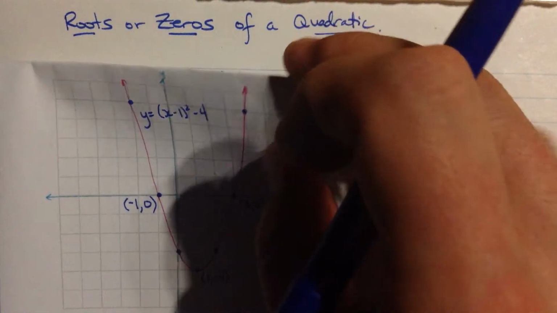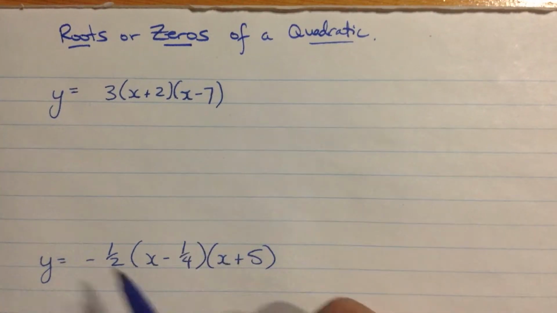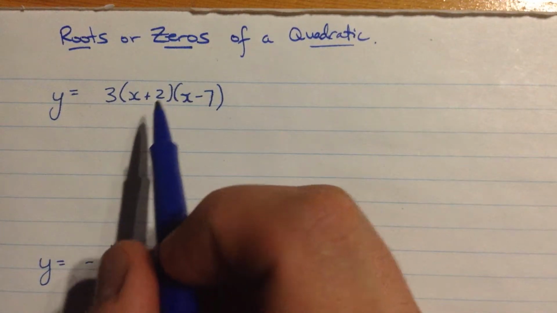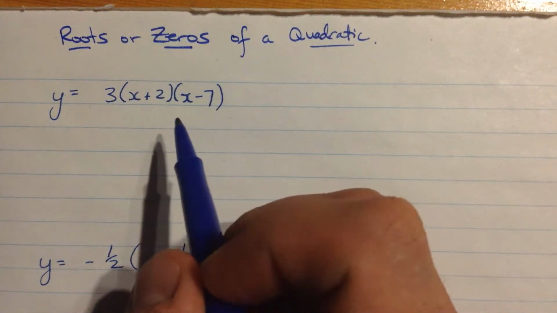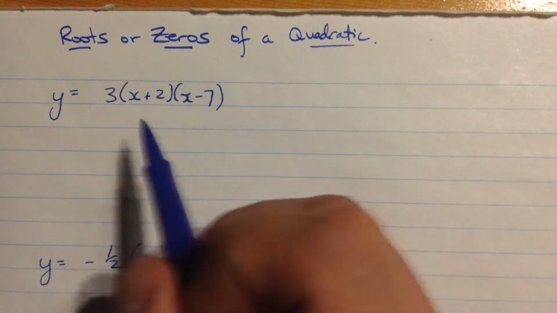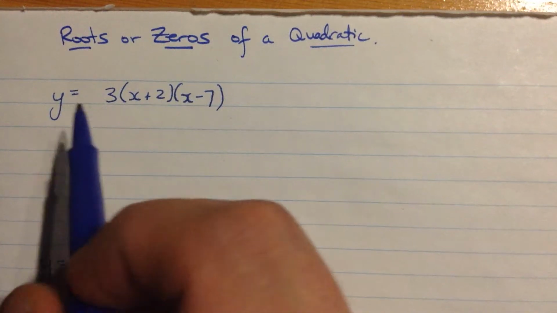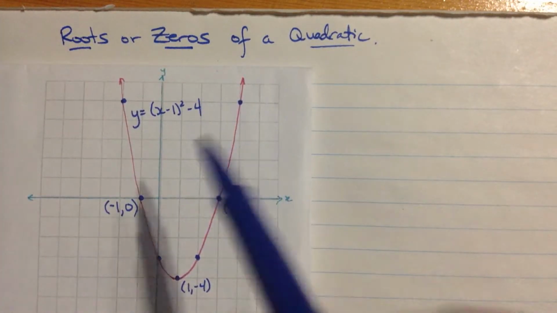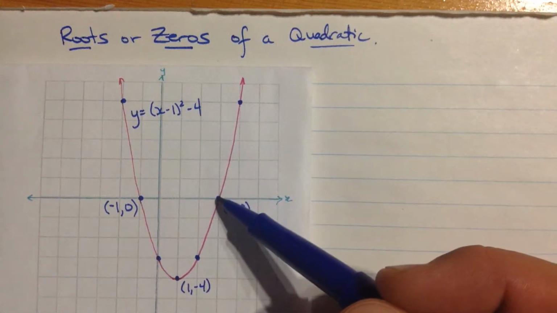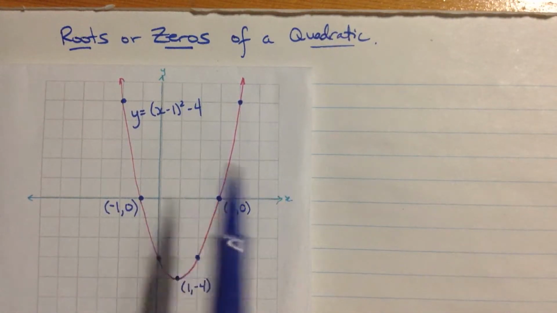Okay? Now with quadratics we have been doing a bunch of factoring, and so I'm going to show you how to use the factored form, this form right here, to find the zeros for any quadratic that you can get in a factored form like this. So let me just go back to the graph for a second. The zeros occur wherever y equals 0.